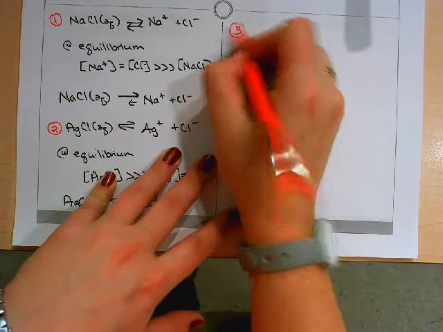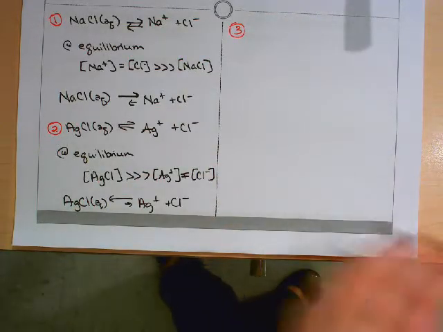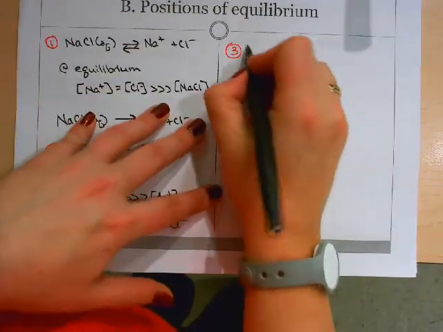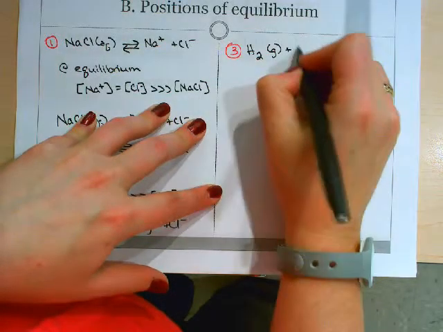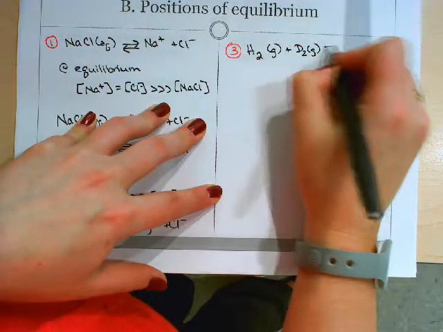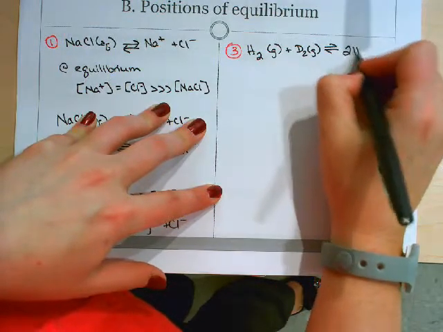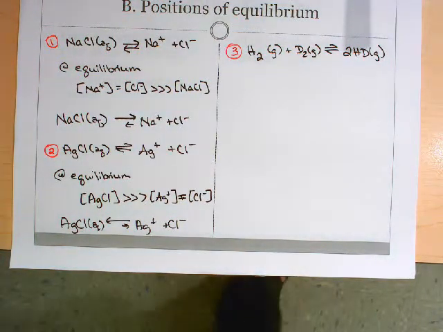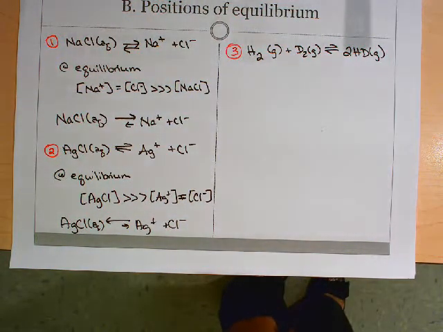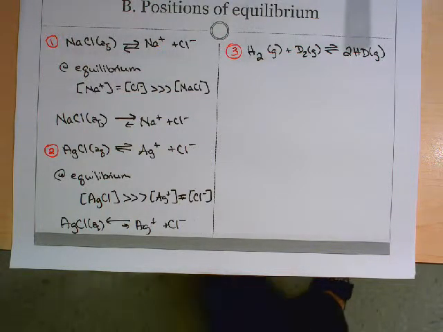Alright, so third scenario. Hydrogen gas and deuterium gas make a hydrogen-deuterium combo. Do you know anything about deuterium gas? Anything about hydrogen gas and how it reacts? Not really.